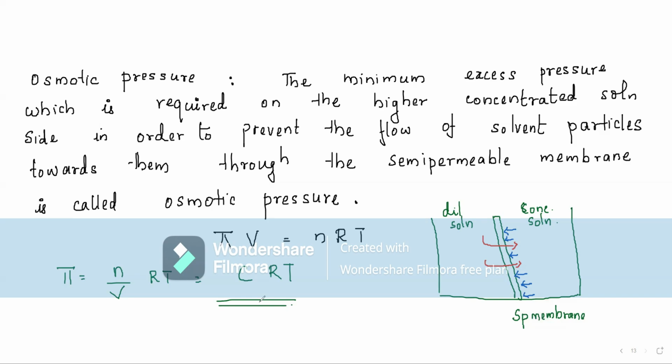Since we take volume in liters, pressure in atmosphere, and temperature in Kelvin, the value of R will be 0.0821 liter atmosphere per Kelvin per mole. So that is the fourth colligative property, which is osmotic pressure.